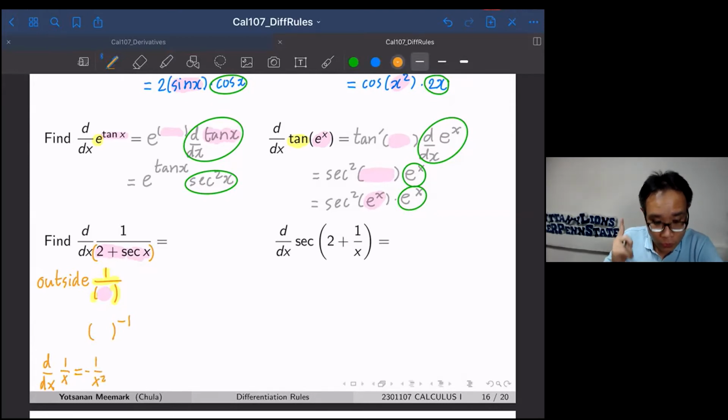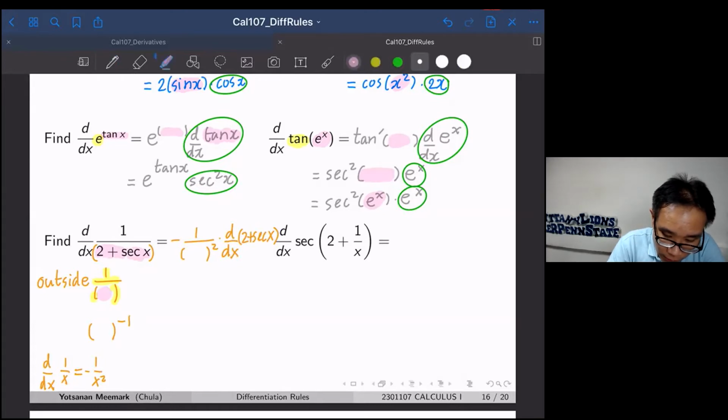This is what I told you before. So in this case, it's going to be negative 1 over the square. So this is differentiating the outside, and you multiply with the derivative of the inside. So you take the derivative of 2 plus sec x.